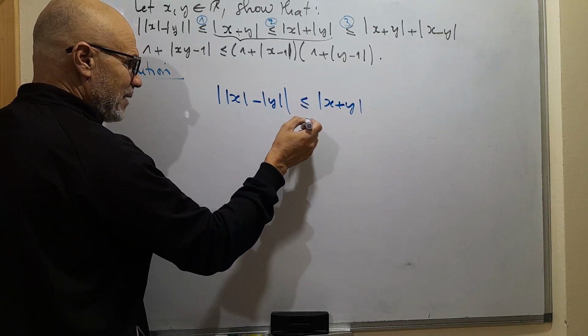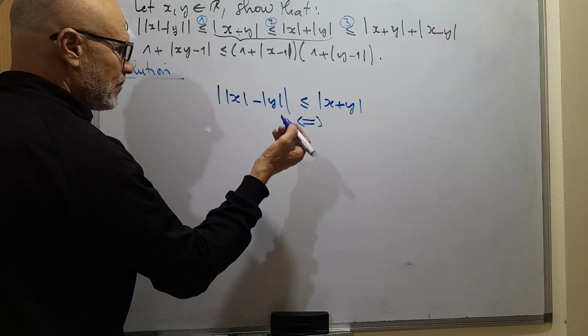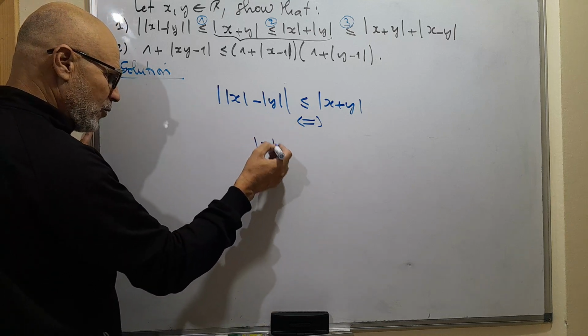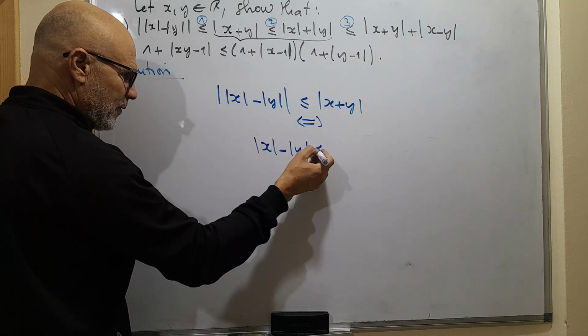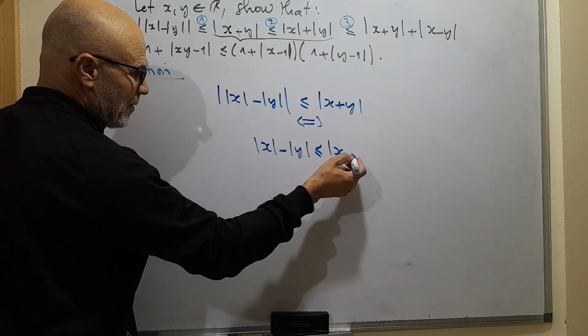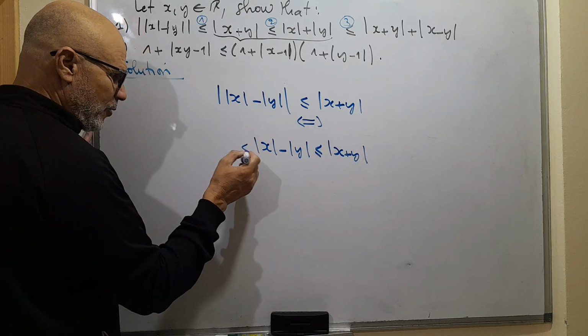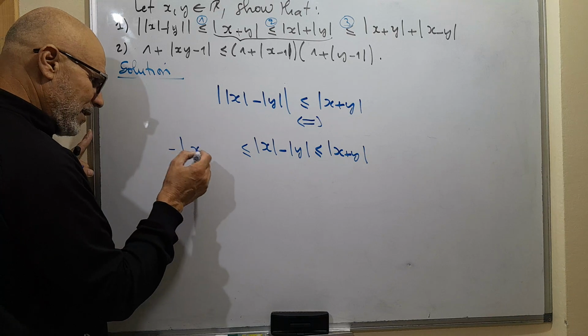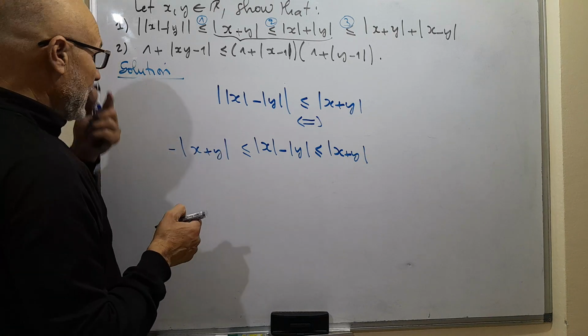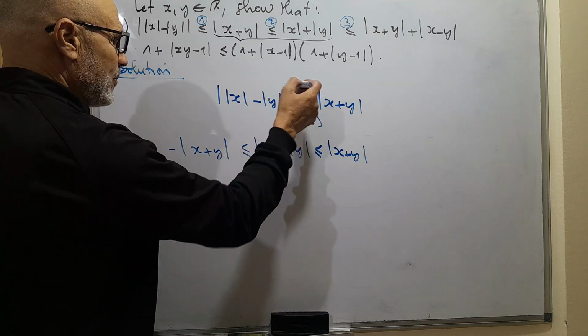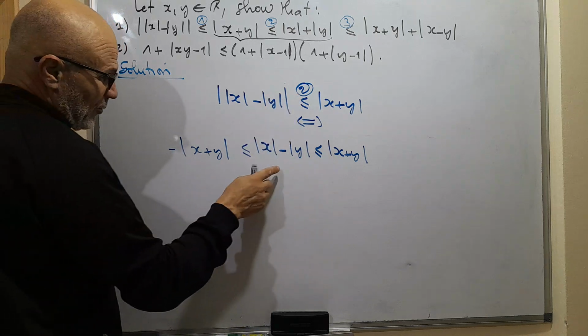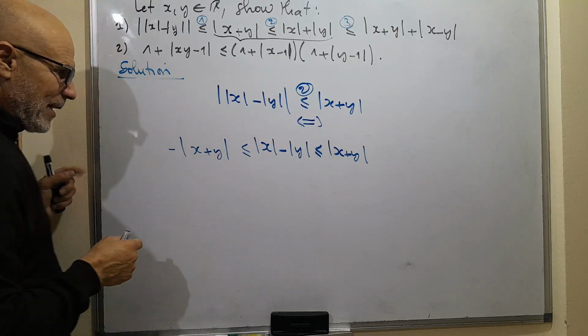This is equivalent to the absolute value of x minus the absolute value of y being less than or equal to x plus y, and greater than or equal to minus x plus y. This is 2. So we need to prove this one.